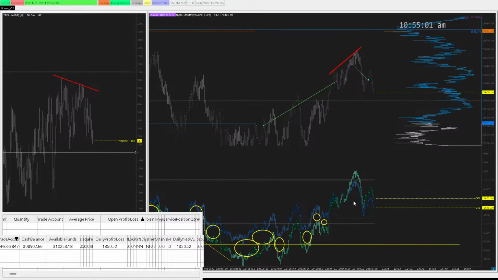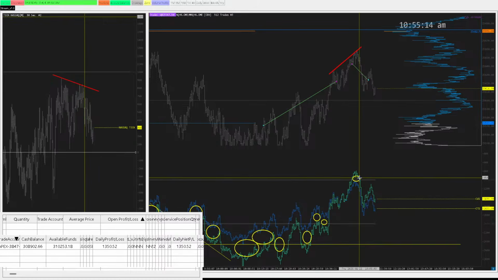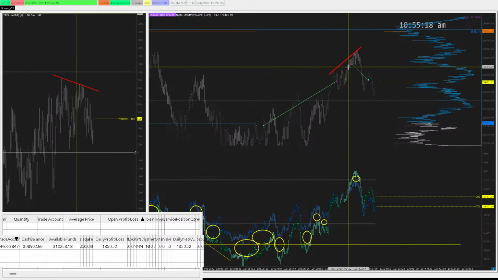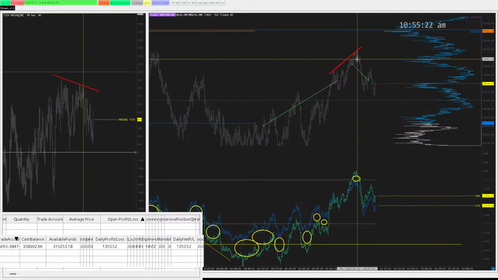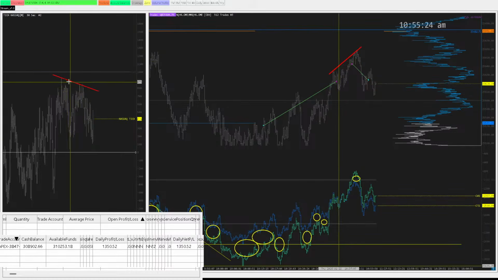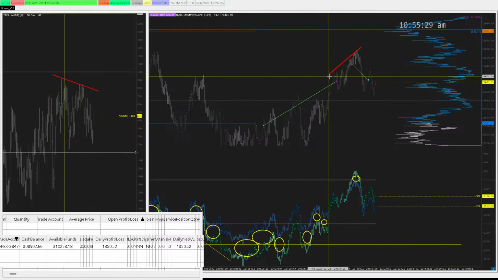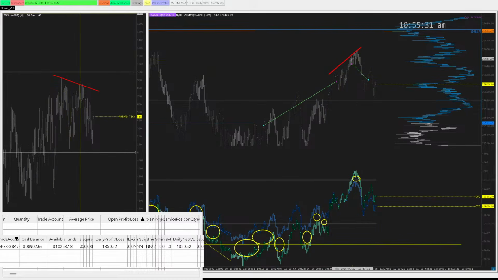We have a bearish delamination right here in our delta. We have price, which again is a shadow of the order flow, drifting higher just a little bit, and we have a bearish divergence in the Nasdaq. That's enough for me to just, again, put on one micro.